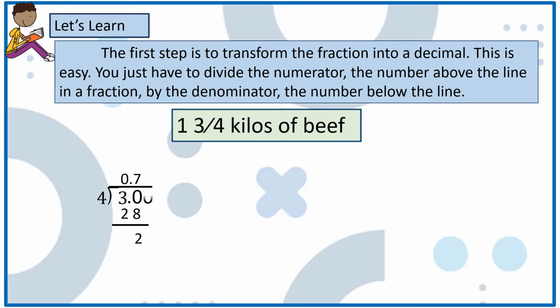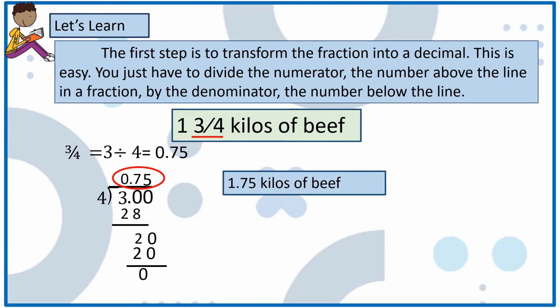Then you need to add another 0 to make it 20. 20 divided by 4 is equal to 5. 5 times 4 is 20. Then 20 minus 20 is 0. It means 3 divided by 4 equals 0.75. So 1 3/4 transformed to decimal is 1.75.